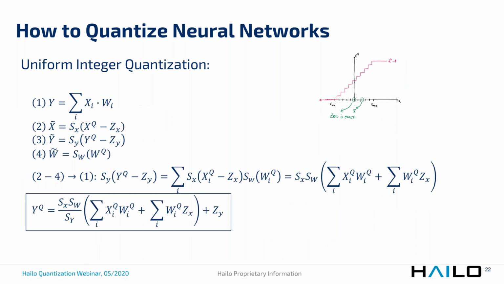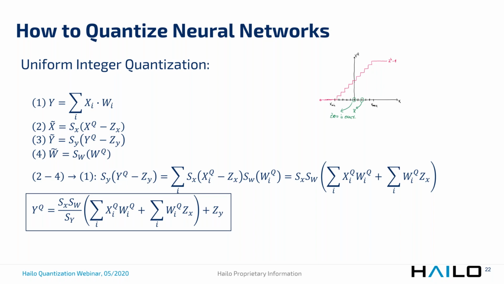Okay, so why were these equations important? What we're going to do now is take the basic equation that we said represents all the layers within a neural network, and we're going to replace each real number with its approximated quantized quantity.